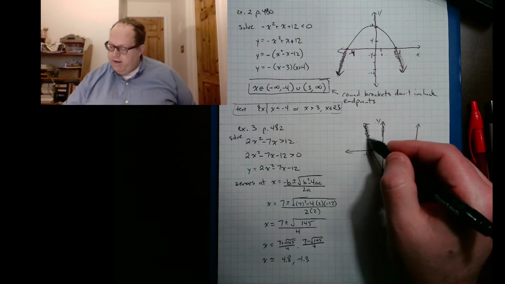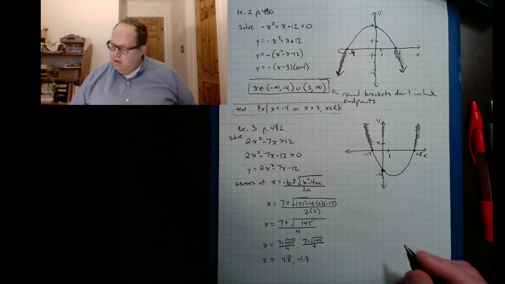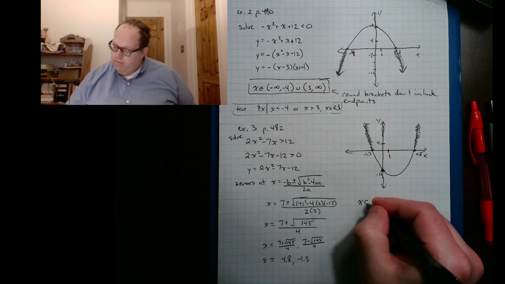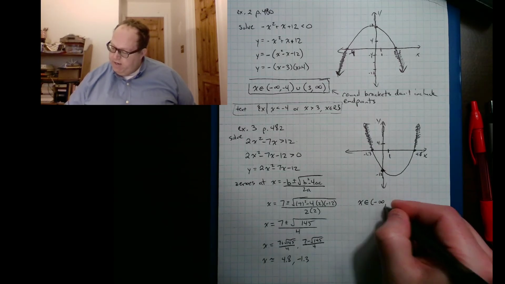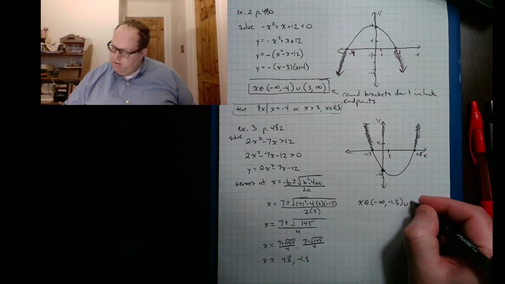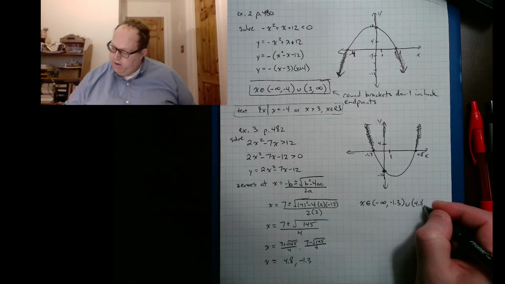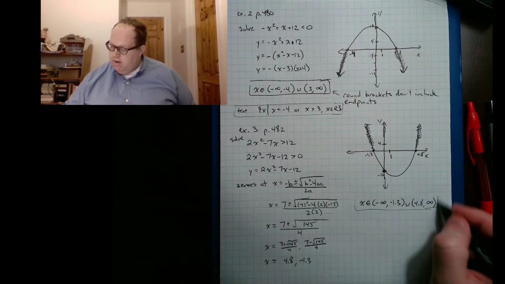That's in this area and this area. So my solution would be x is in the set from negative infinity up to negative 1.3, joined with the set from 4.8 to infinity. And that would be my solution.